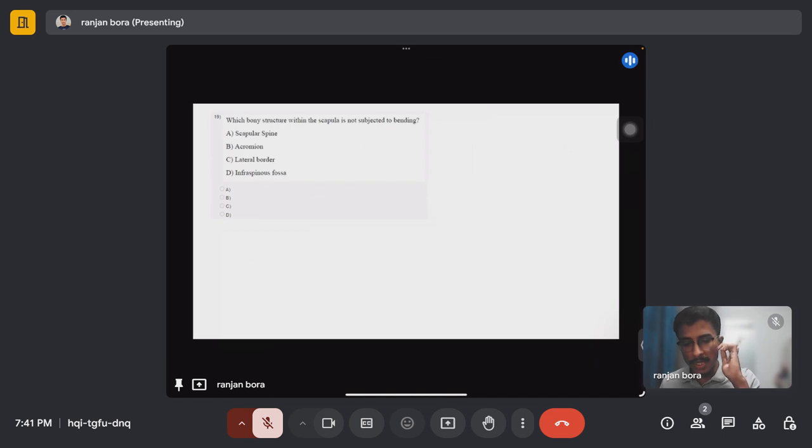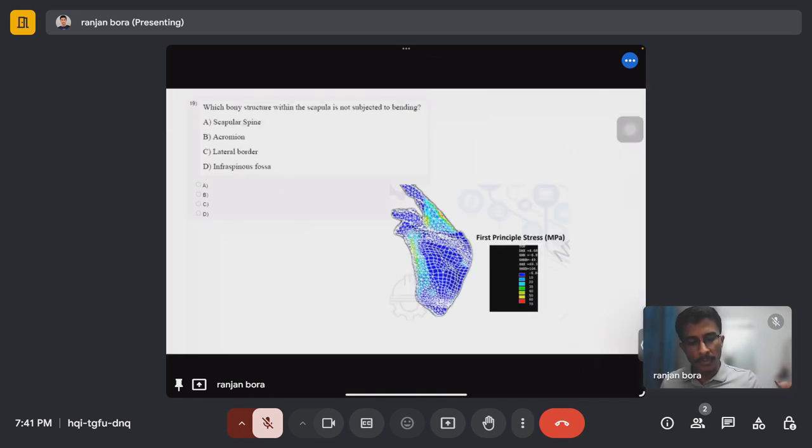Which bony structure within the scapula is not subjected to bending? So this is a scapula, and if you remember from these slides we have discussed previously, can you identify these anatomical sites in the scapula?